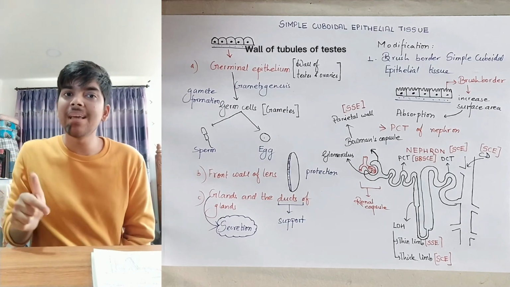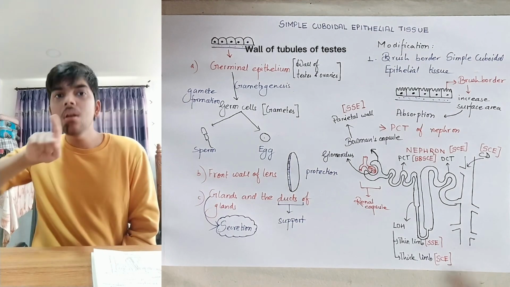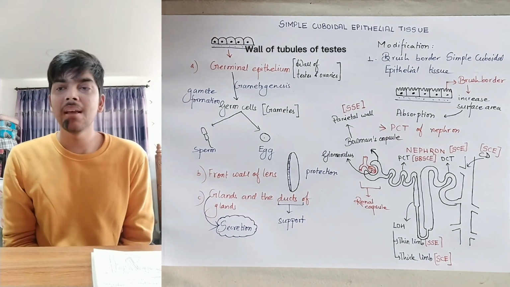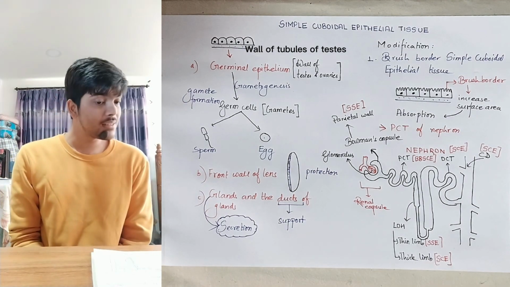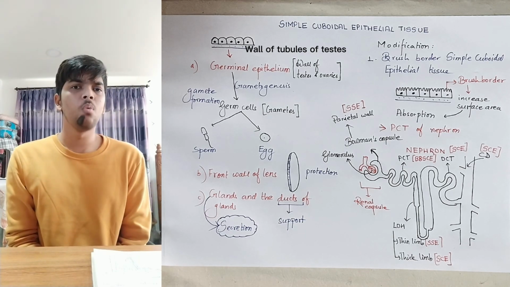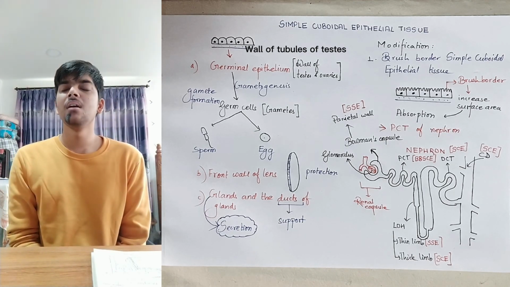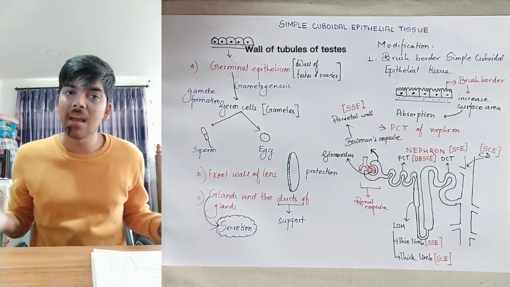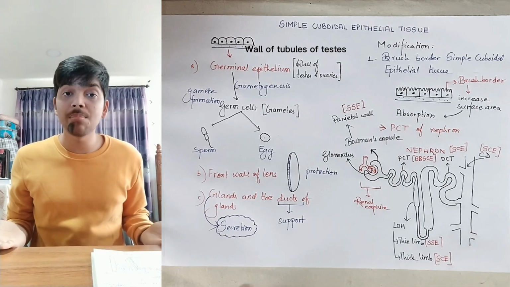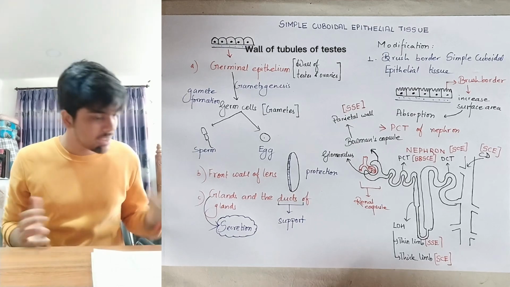In testes, you have seminiferous tubules, and the wall of the seminiferous tubules is lined by this simple cuboidal epithelium. And what does it do there? It sits there in the form of germinal epithelium, giving rise to gametes by the process of gametogenesis.